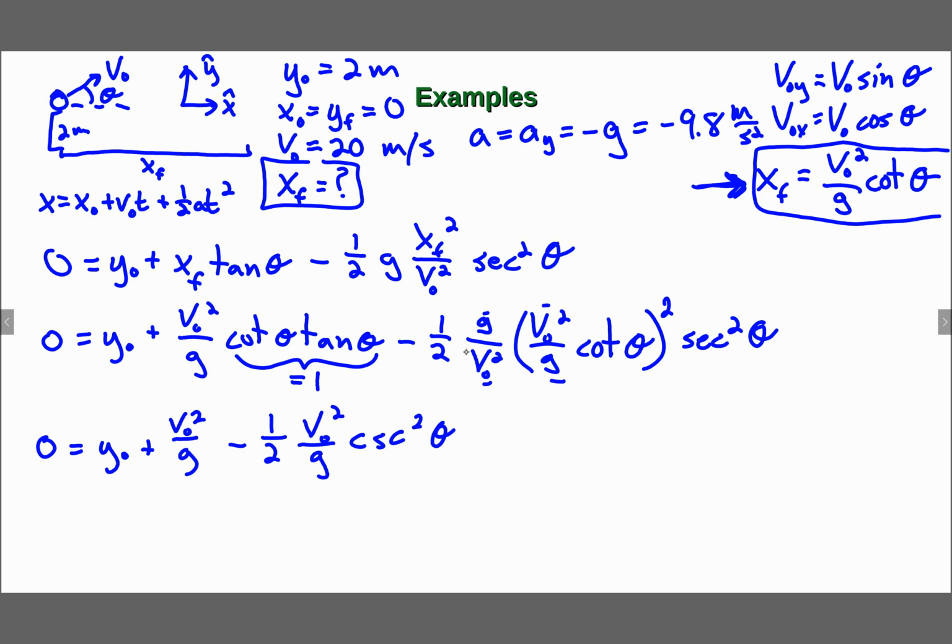And now with this new one, a cosecant, the CSC, equals 1 over sine theta. Okay? So let's multiply the whole equation by 2g to get these g's off the bottom, and to get rid of this 1/2. So we have this.